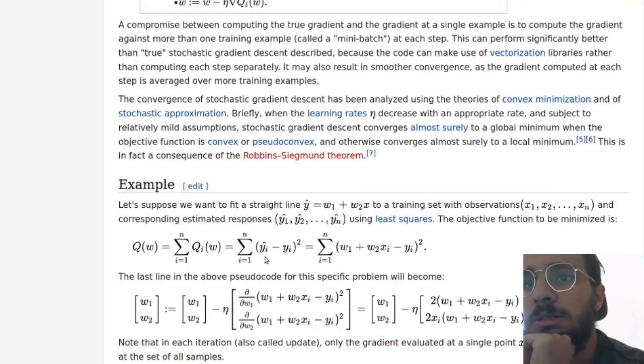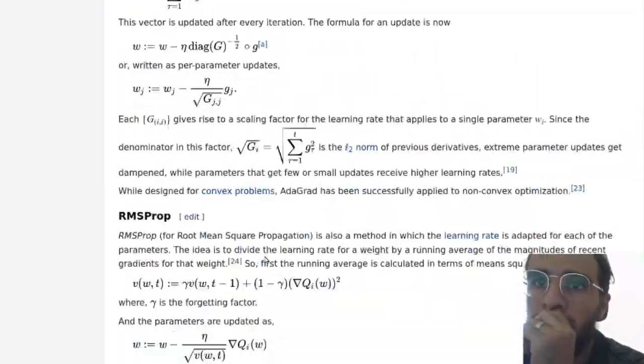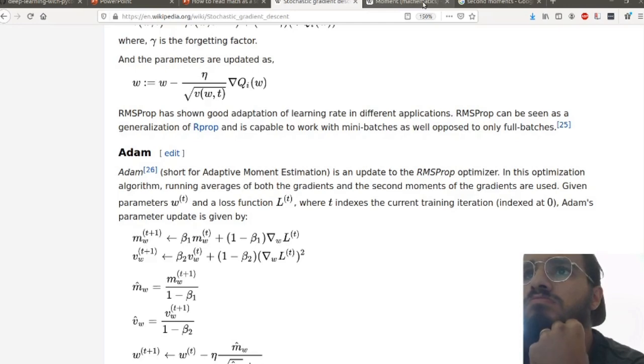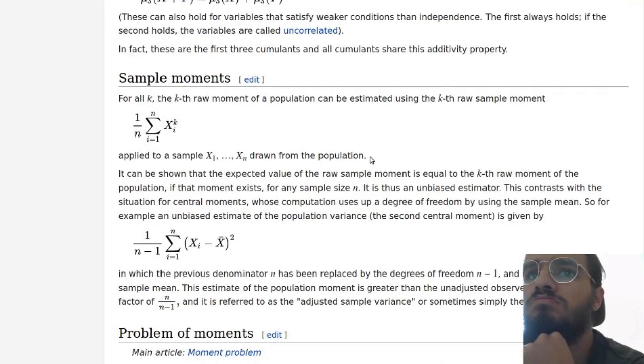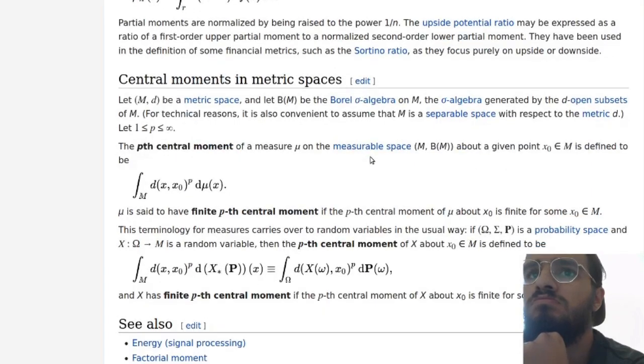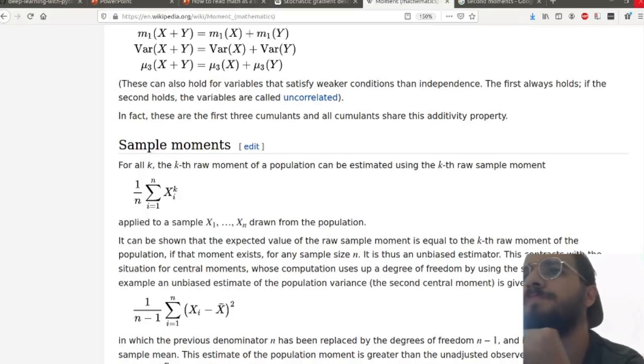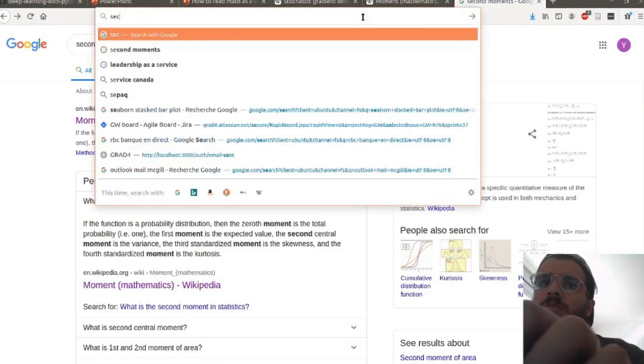Trying to minimize this, so okay, right. I don't know.